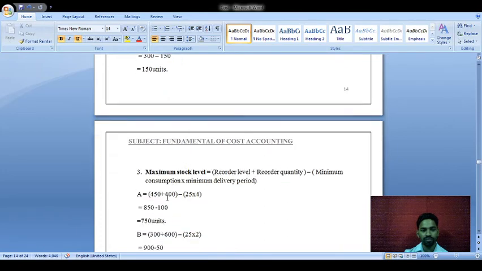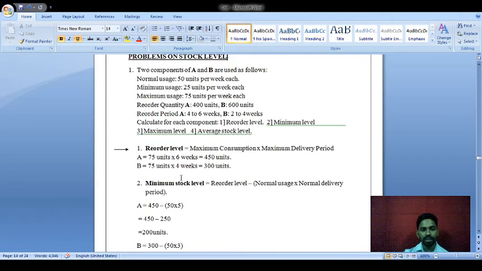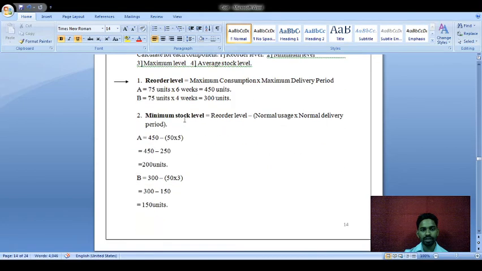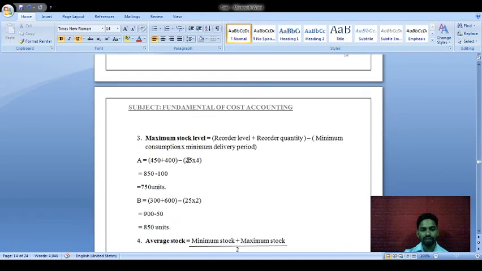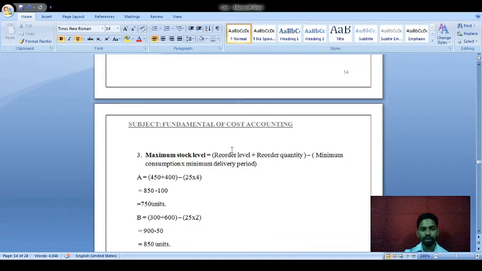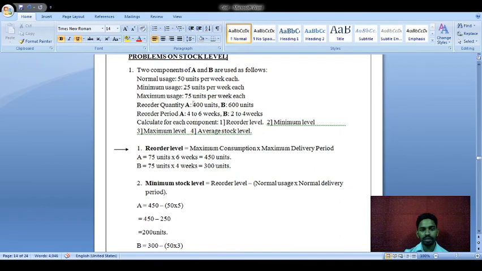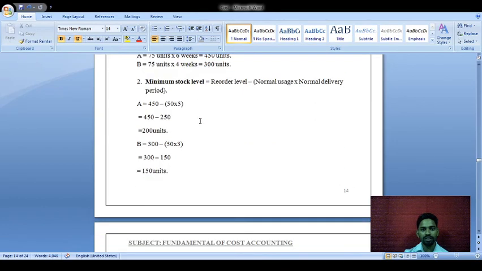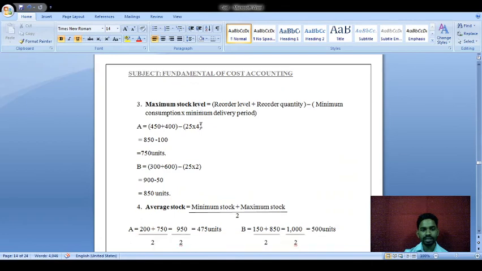Okay, so take 400 bracket complete minus in bracket what? Minimum consumption, and the minimum consumption is given just here, 25 units per week each. So take 25 units into what? Minimum delivery period, and the minimum delivery period is given as 4.